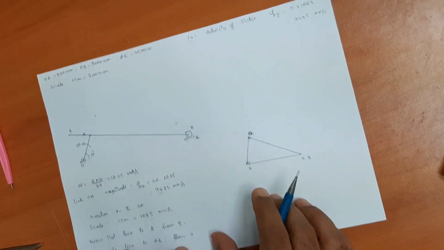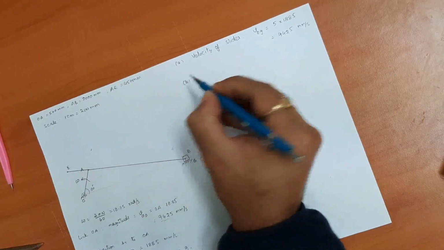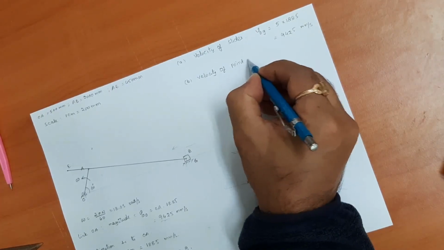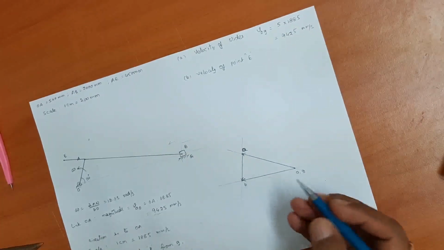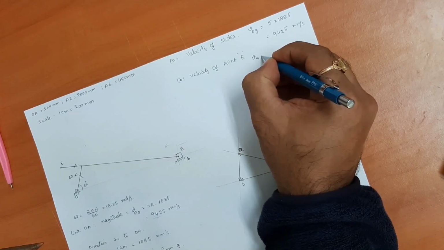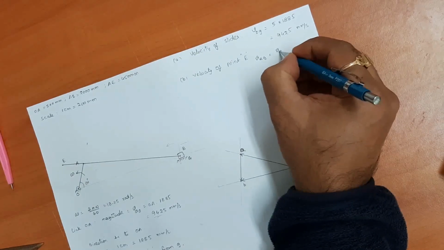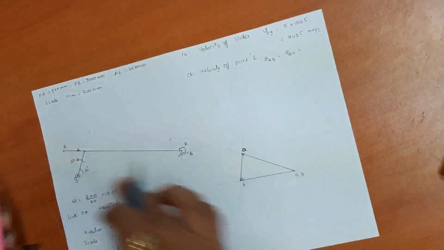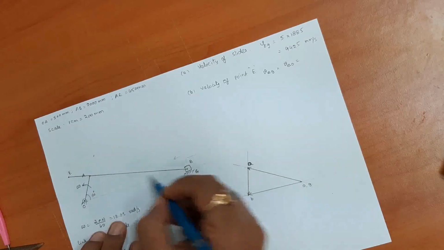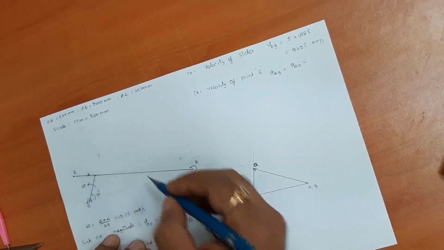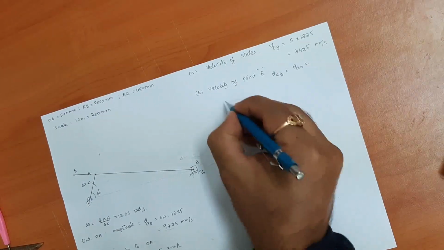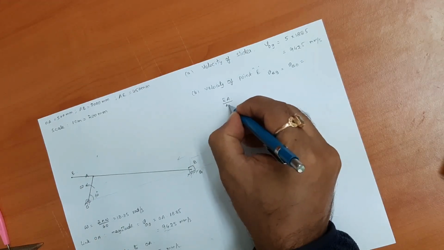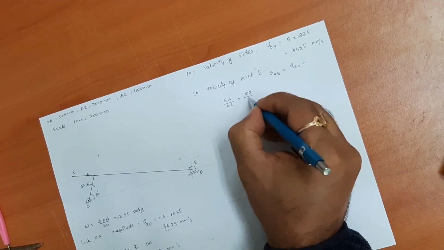Okay, the second question is the velocity of point E, that means the velocity of E relative to G, or otherwise the velocity of E relative to O. It is the absolute velocity of point E. This is also a point on the link, so we know that EA divided by AB is equal to EA divided by AB.